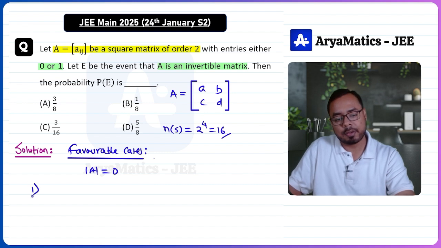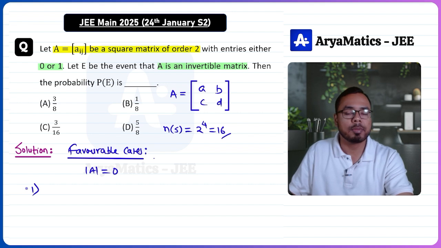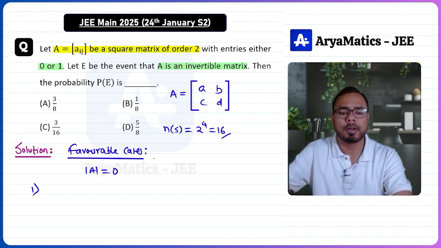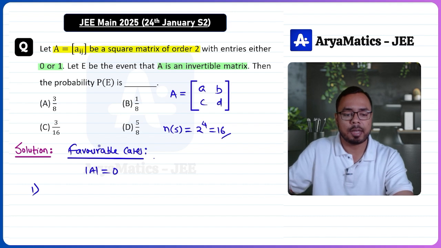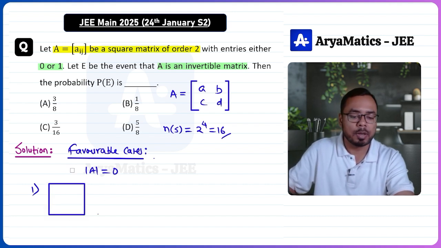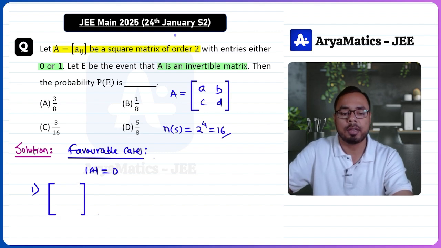One case we'll consider is where we are using all zeros. Next case is where we are using 3 zeros and 1 one. And then we have 2 zeros, 2 ones, and in that manner we'll see the different cases that we can create. The very first case is where I'm using only zeros, all the 4 zeros and no 1.